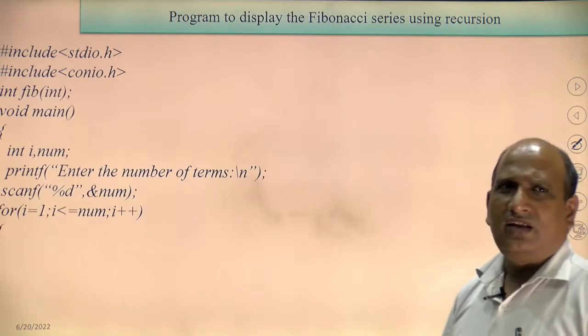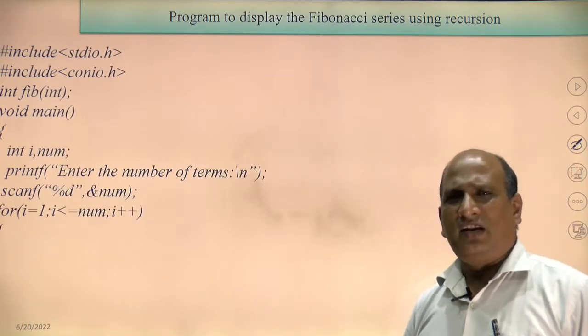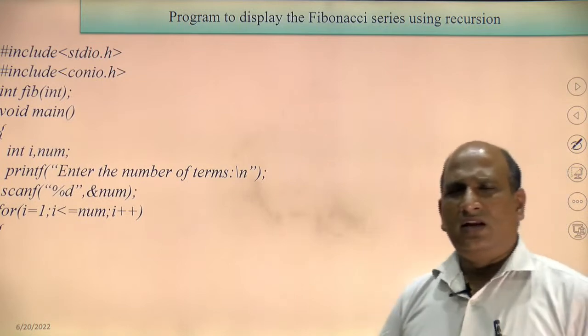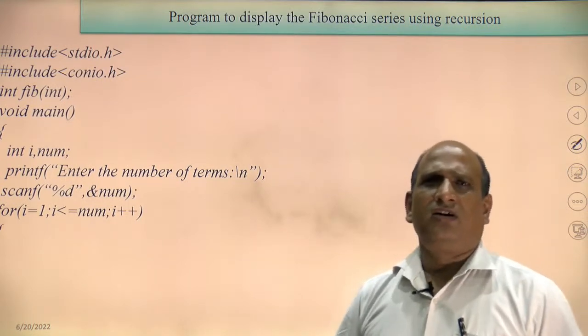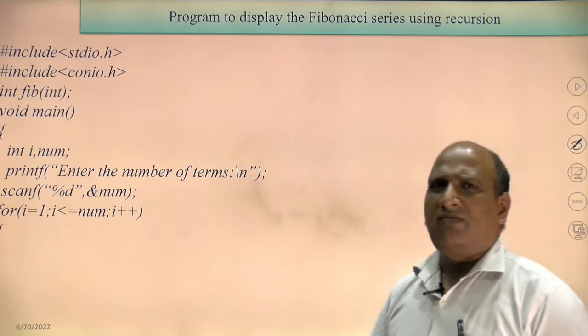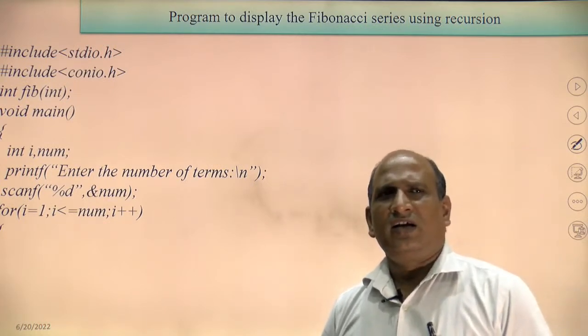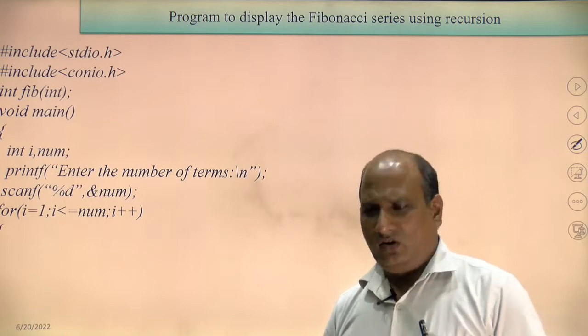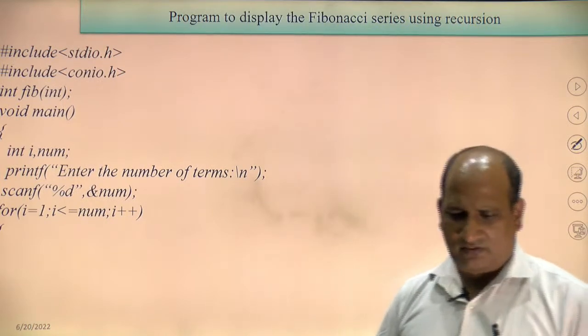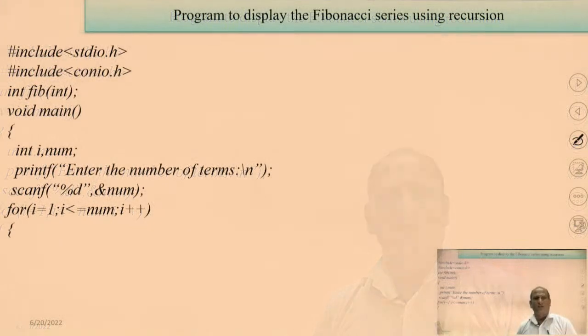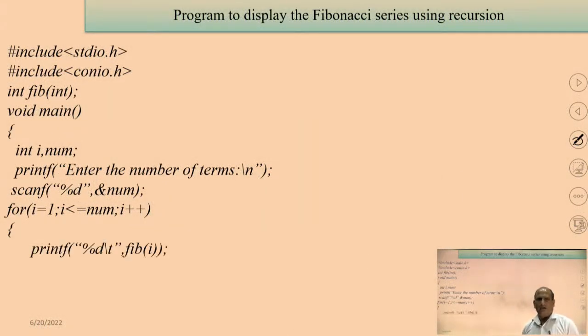Over here the num variable will hold the number of terms that we want to print from the Fibonacci series. For that we create a for loop from 1 to num, execute that for loop and call fib of i.